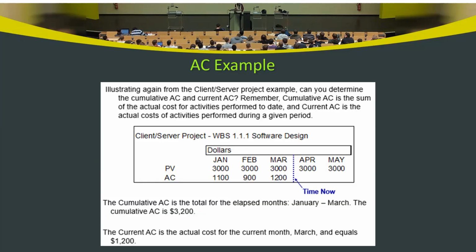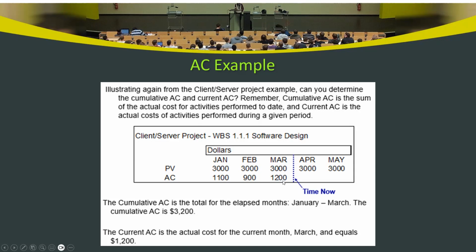Here's an example. This dotted line is the point of observation. We have PV, we have AC. We talked about PV already. I have AC now. For January, actual cost was 1100, February 900, and in March we have 1200.